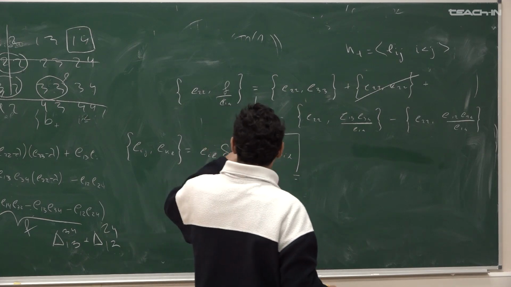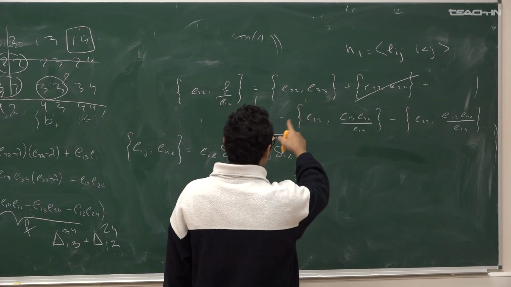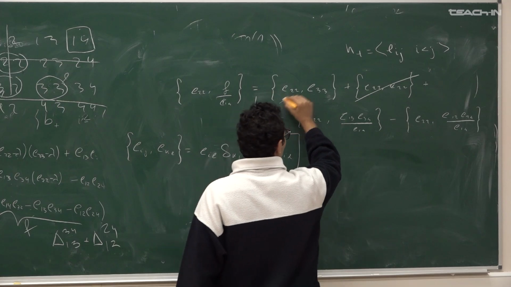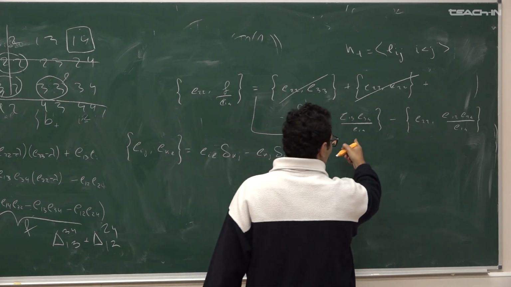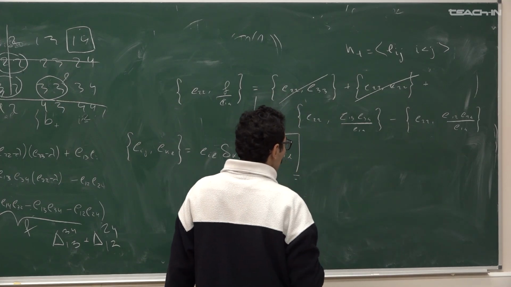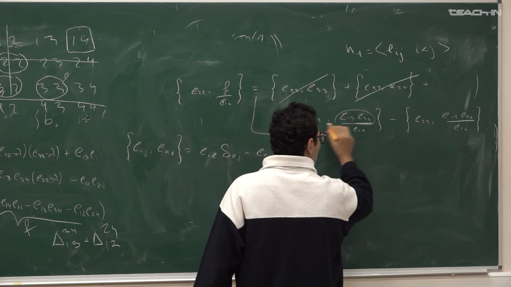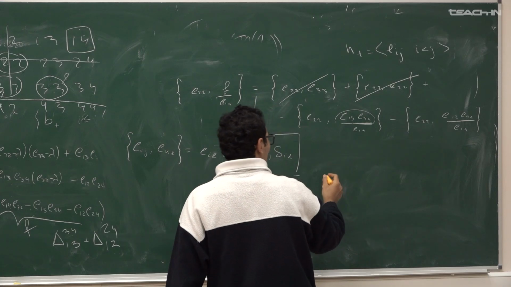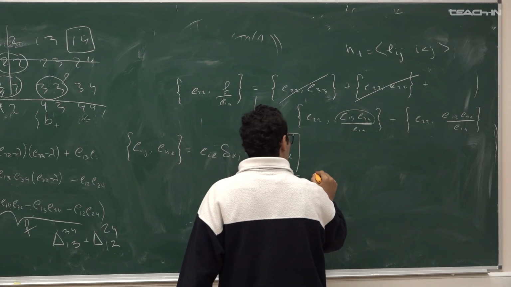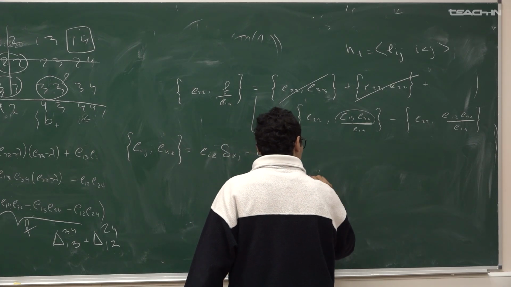So for the first one, we have this is the other. Here we can use the Leibniz rule. And so, for example, we can consider this as an operator, and we can write it on the front, for example, 1.